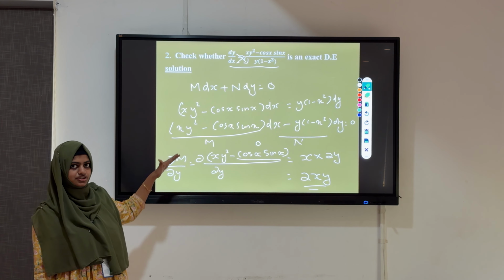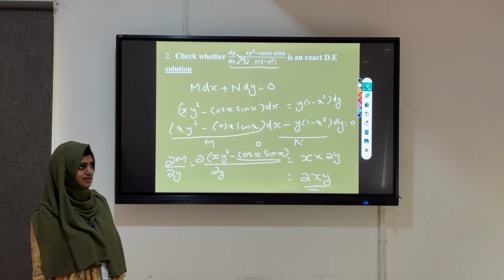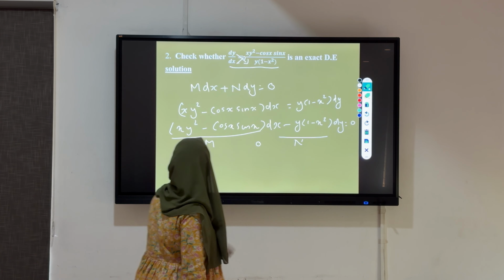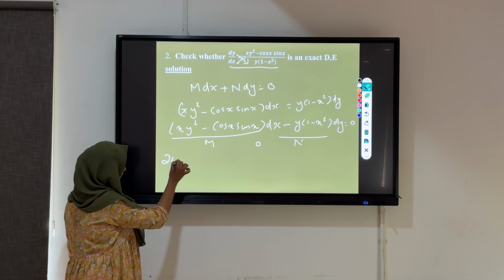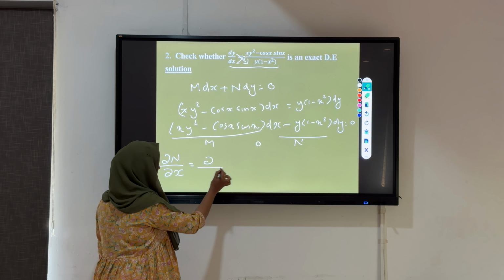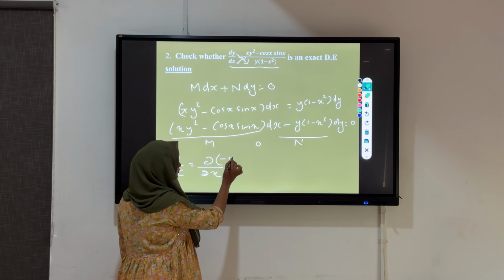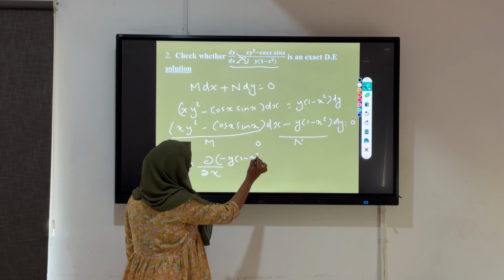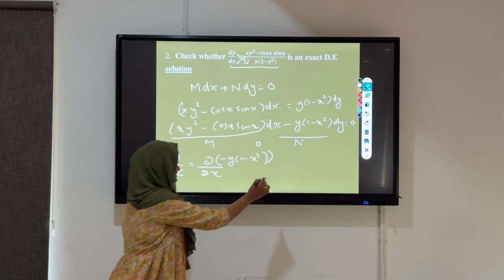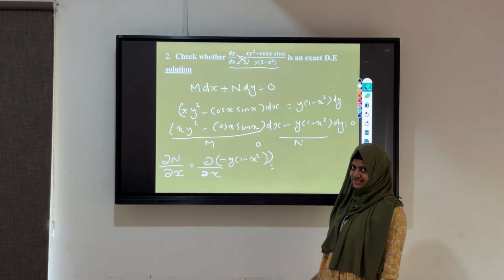We get dou M by dou y equal to 2xy. In the same way, consider dou N by dou x, that's the partial derivative of N, that means of minus y (1 minus x square). Here y is constant.